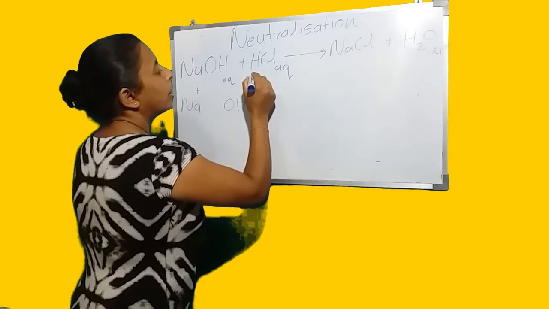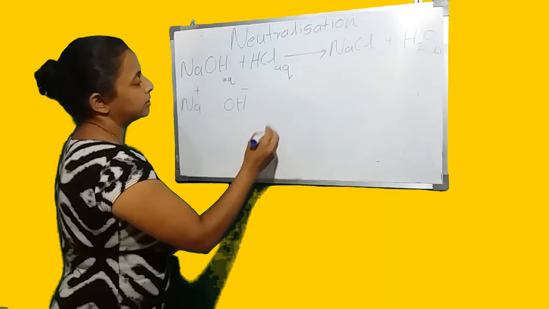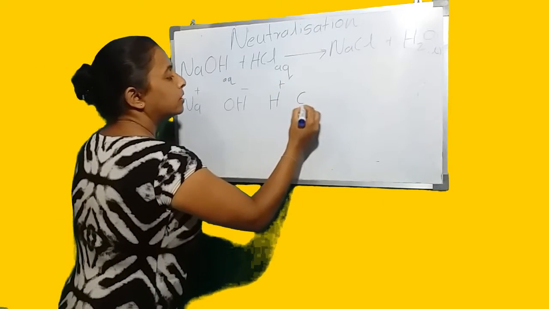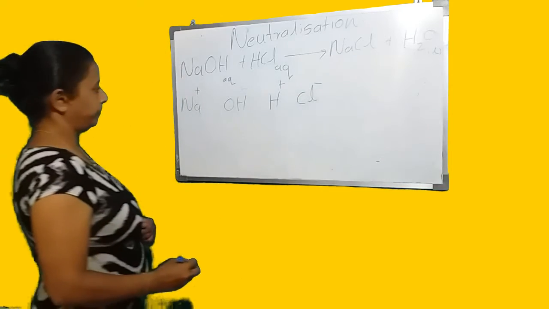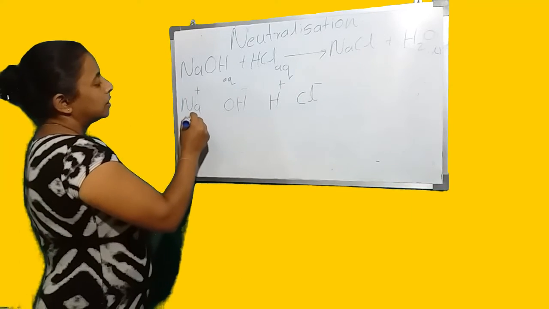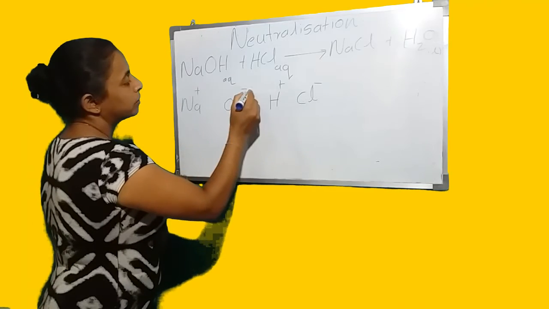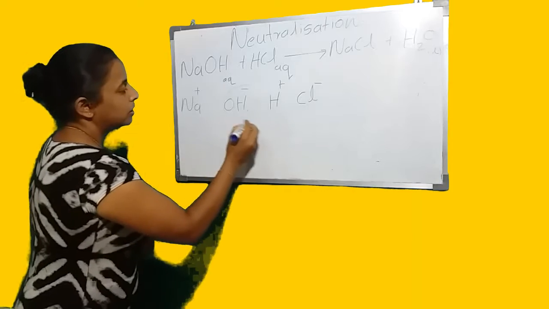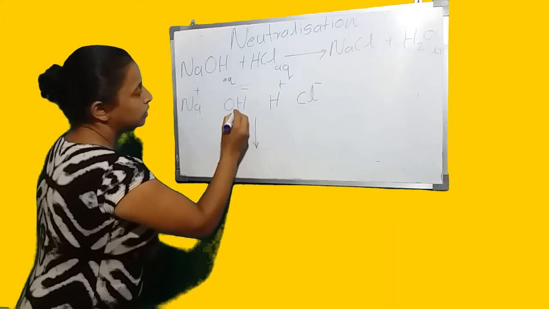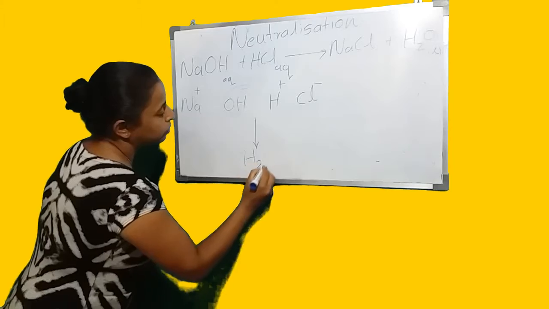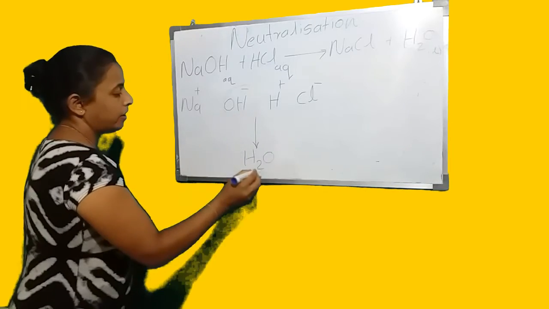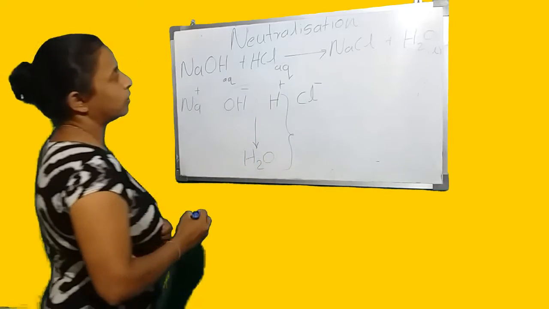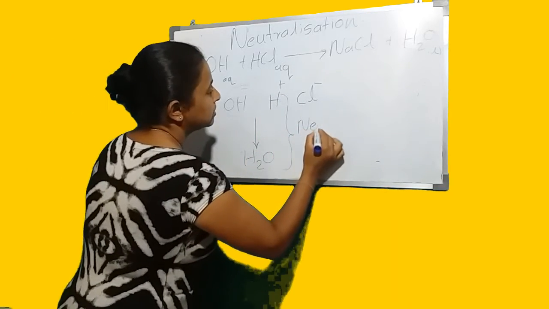Hydrochloric acid ionizes as hydrogen plus ion and chlorine minus ion. Then combining these negative and positive ions forms H2O, 2 hydrogen and 1 oxygen. This reaction we call neutralization.